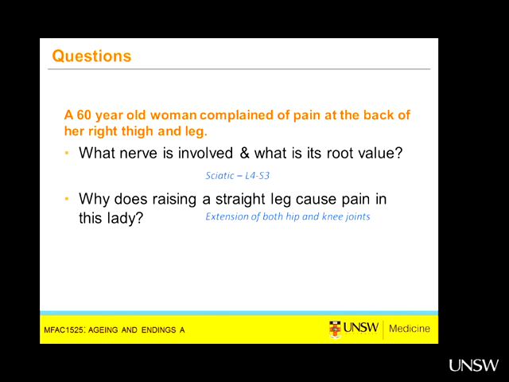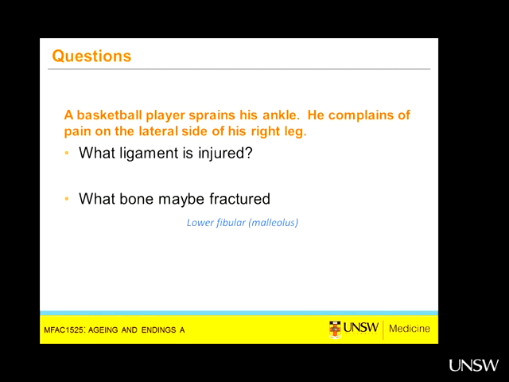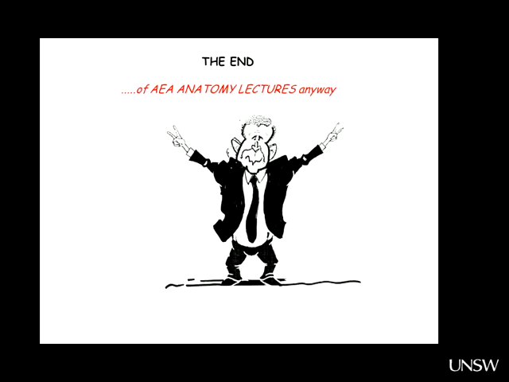Good, and it comes from L. A basketball player sprains his ankle and he complains of pain on the lateral side of his right leg. You'll do that. We'll stop there, and that's the end of our anatomy lecture.